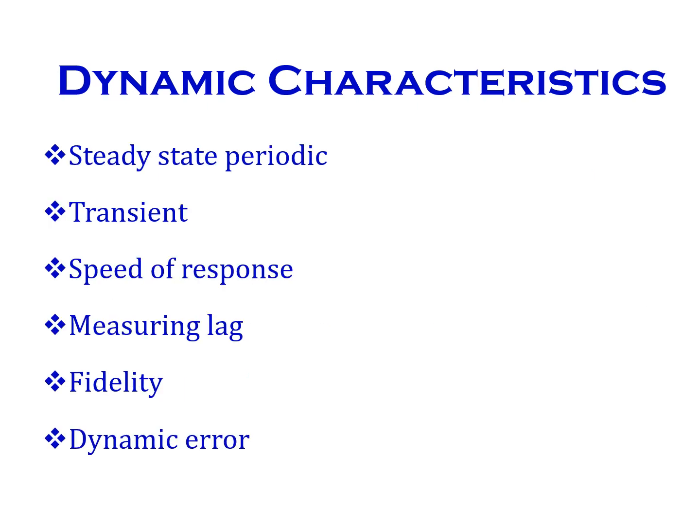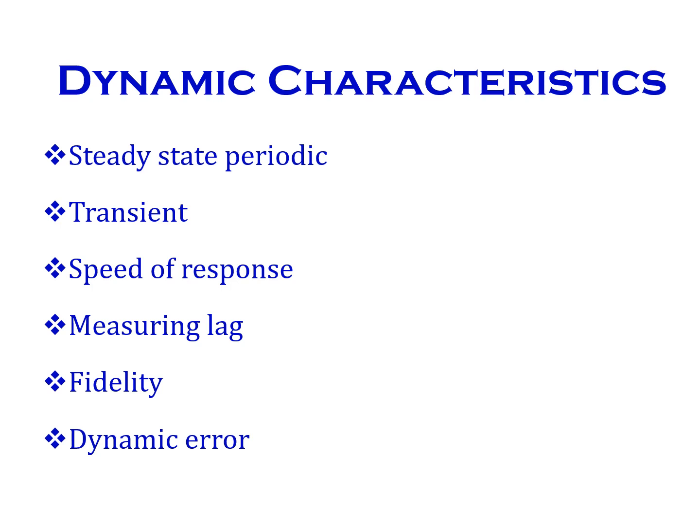Here we have a few characteristics like steady state, periodic, transient, speed of response, measuring lag, fidelity, dynamic error. These are some dynamic characteristics. Transient means it varies with time.